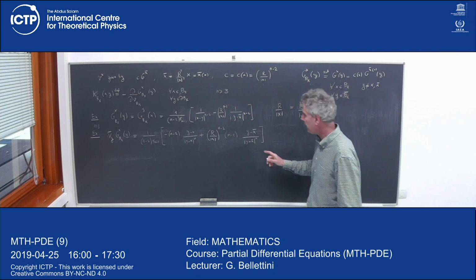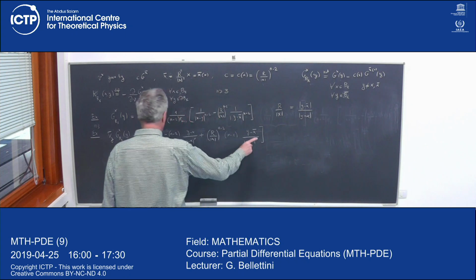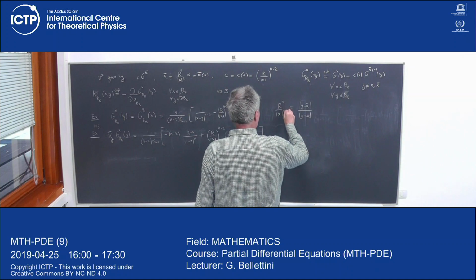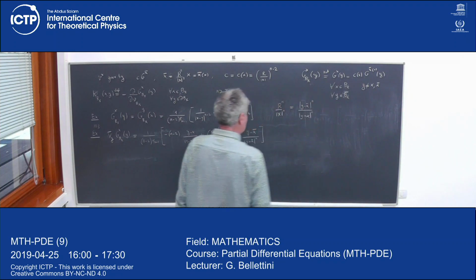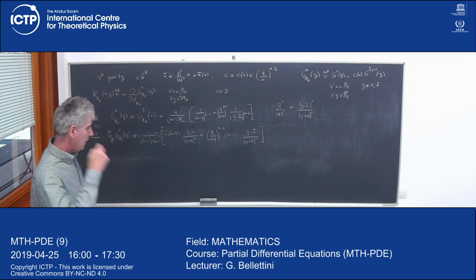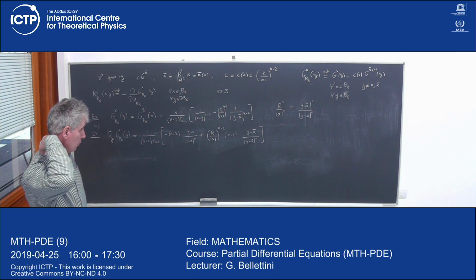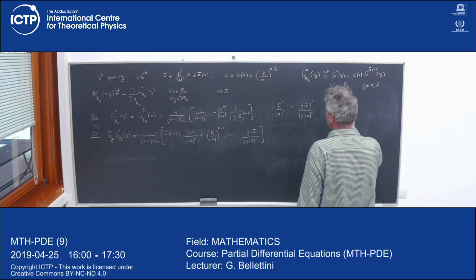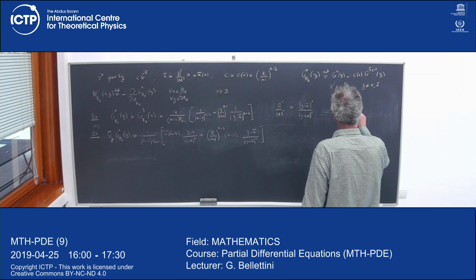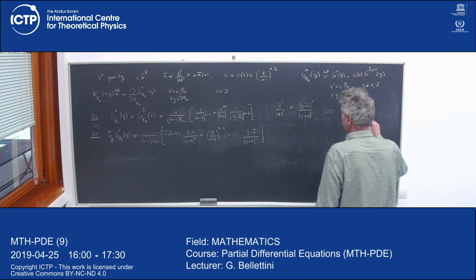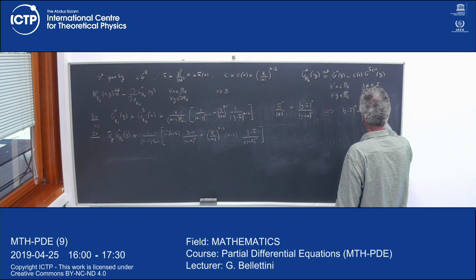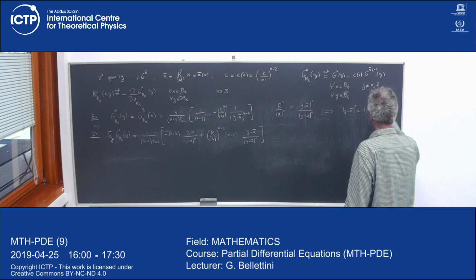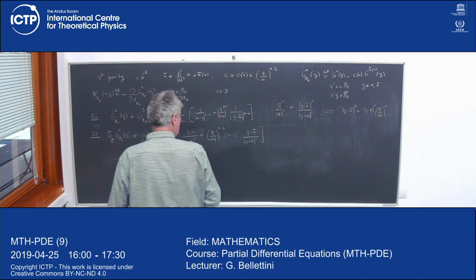So if I take power n everywhere, what do I get? I get that y minus x bar to the n is equal to y minus x to the n multiplied by, okay.